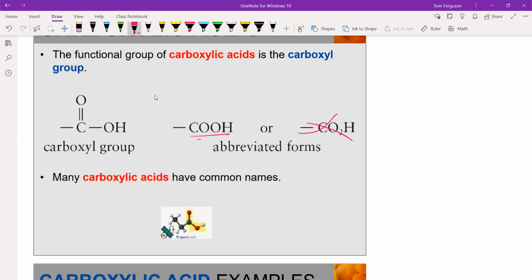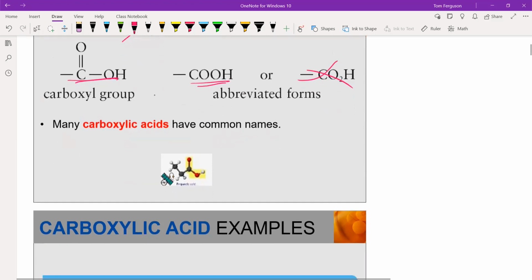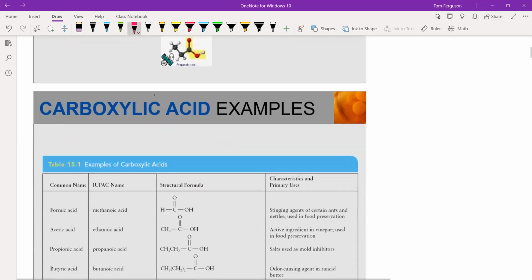You'll either see this or this, or that. Carboxylic acids have been around a long time, mainly in the form of the biochemical side in terms of fatty acid.